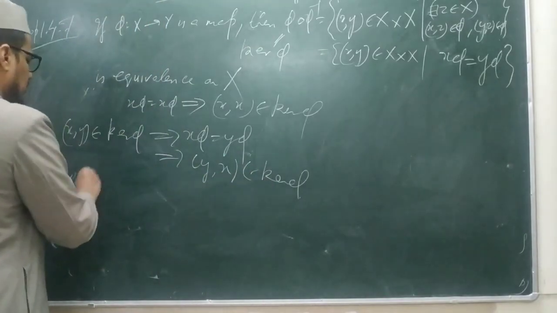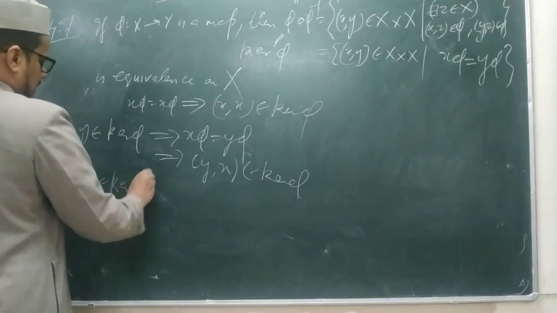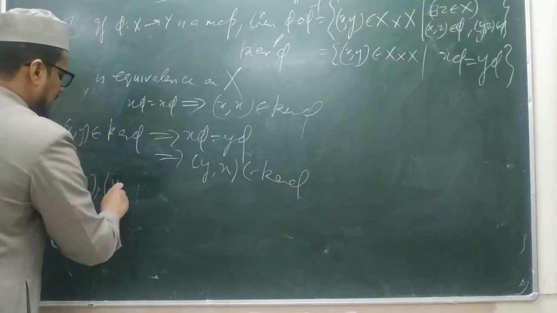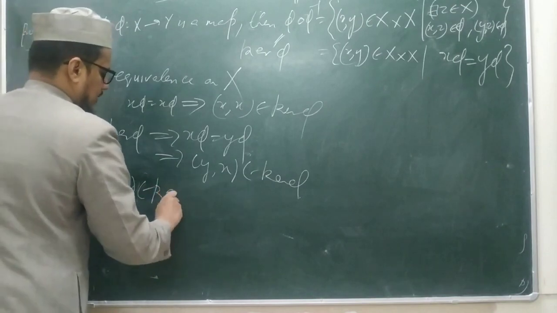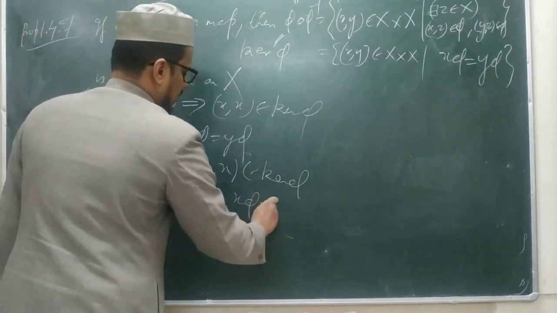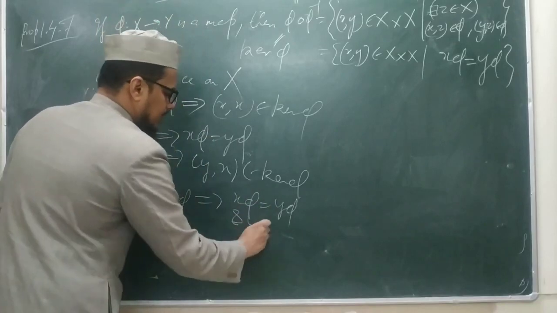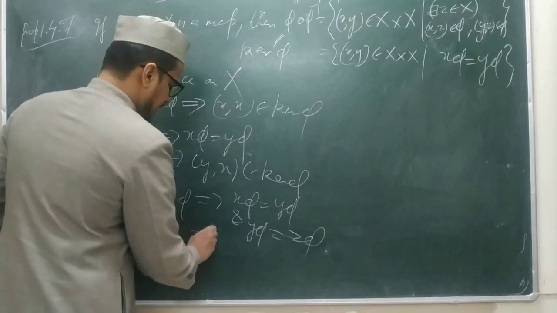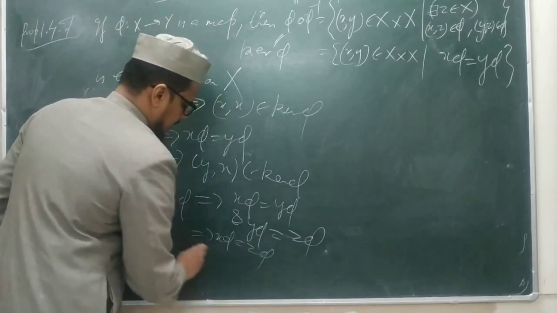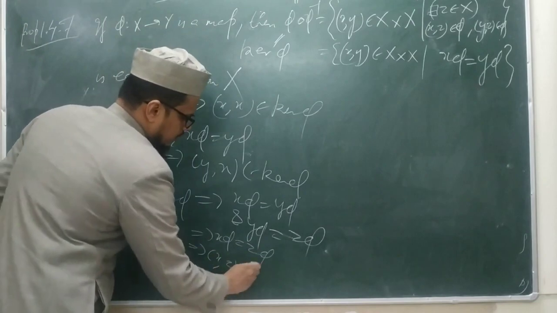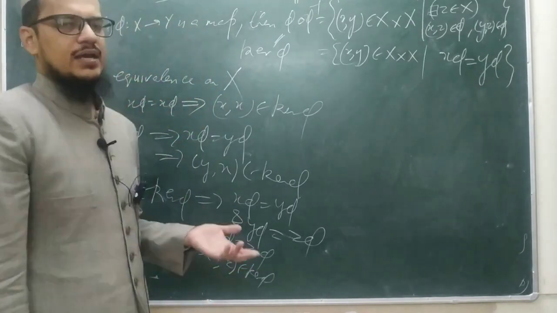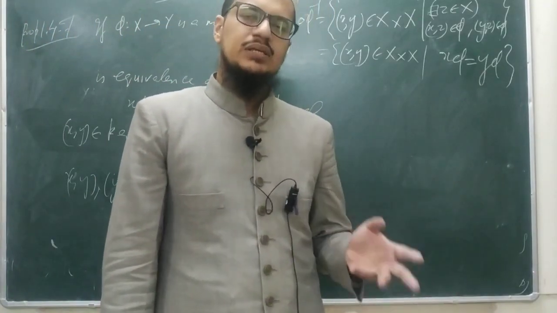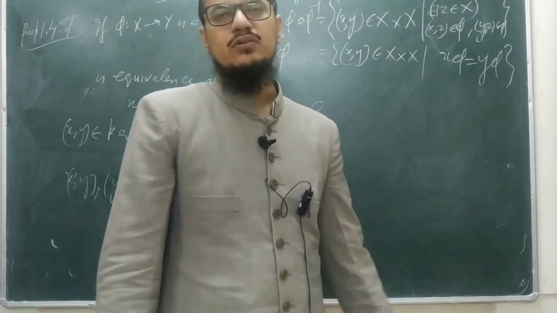Now if x comma y as well as y comma z belong to kernel phi, it implies that x phi is equal to y phi and y phi is equal to z phi. So x phi is equal to z phi, and it implies that x comma z belongs to kernel phi. So kernel phi is reflexive, symmetric, transitive, so hence it is an equivalence relation on set X.